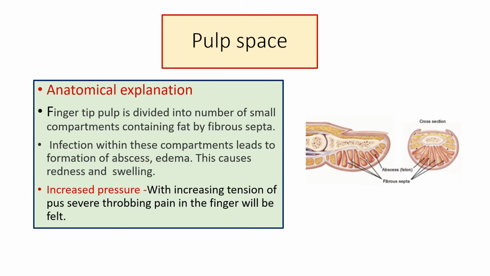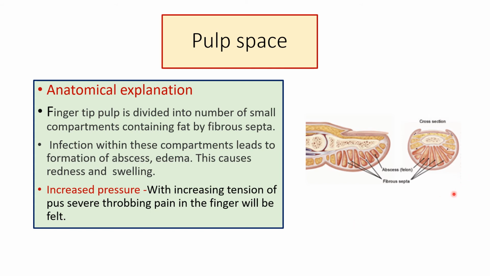The fingertip pulp is divided into a number of small compartments by the fibrous septa. So infection within each of these compartments can lead to formation of abscess and edema, that can lead to redness and swelling.